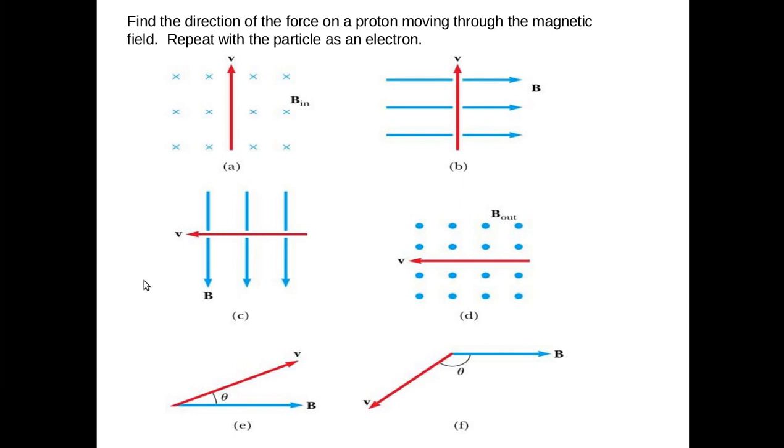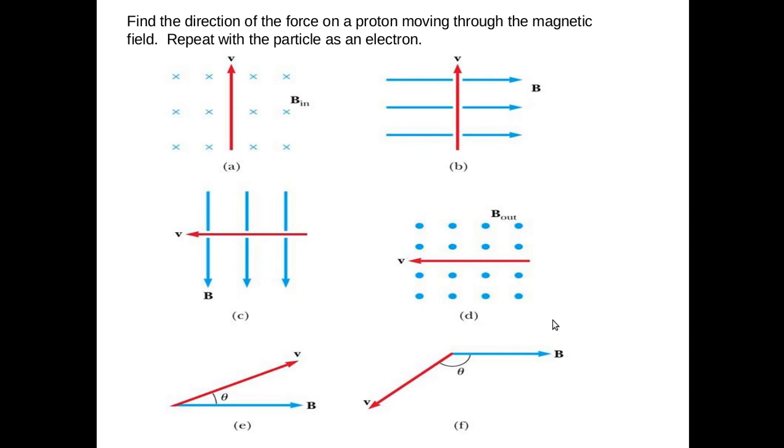So velocity in the negative x, curl my fingers down in the direction of B. My thumb is pointing out of the page. So the force on a proton in part C is out of the page. Force on an electron, flip your thumb, it's into the page.